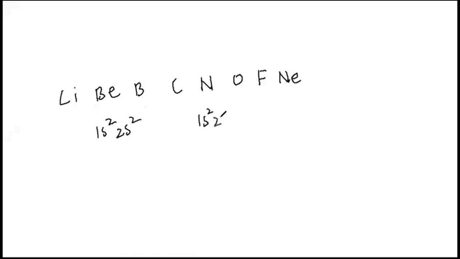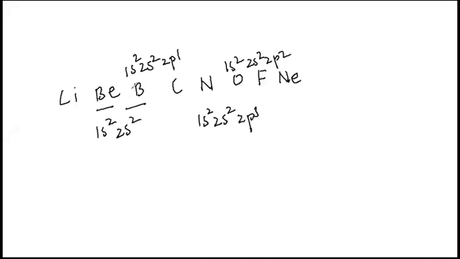Nitrogen is 1s2, 2s2, 2p3. Oxygen is 1s2, 2s2, 2p4. Boron is 1s2, 2s2, 2p1. If you take beryllium and boron, beryllium will show higher ionization enthalpy.